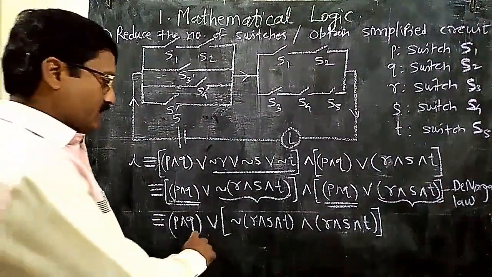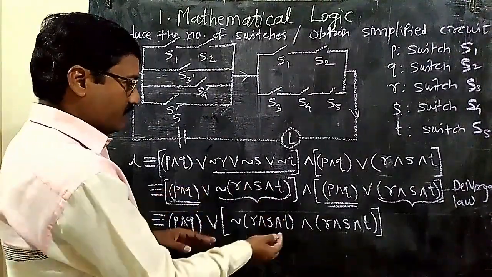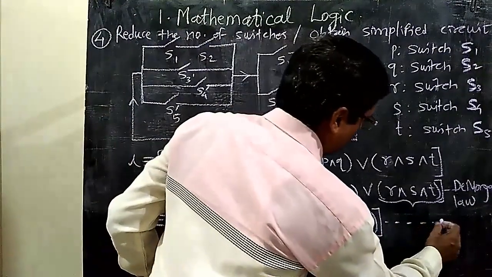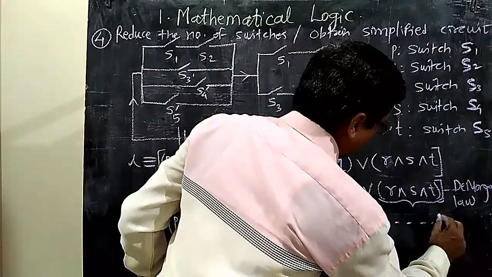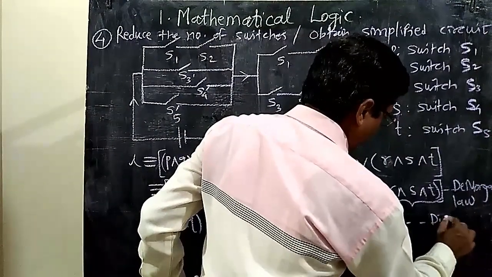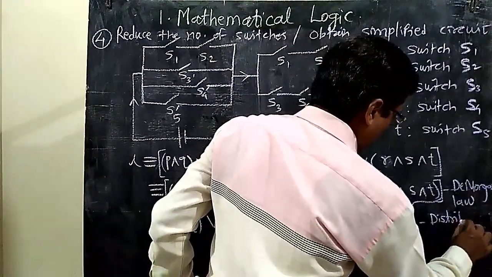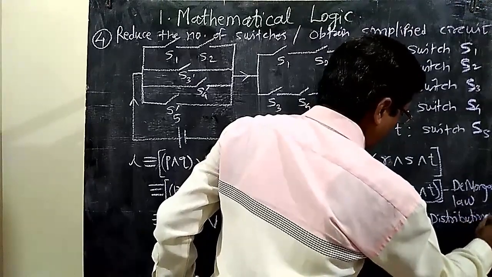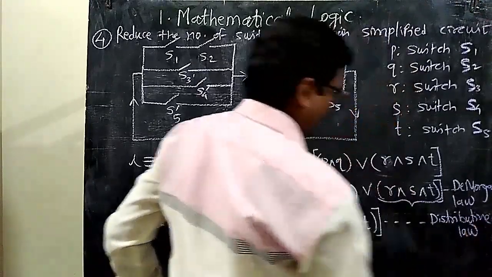Obviously again the distributive property in reverse way. So we can give a reason or justification for this step as distributive property. Distributive law.